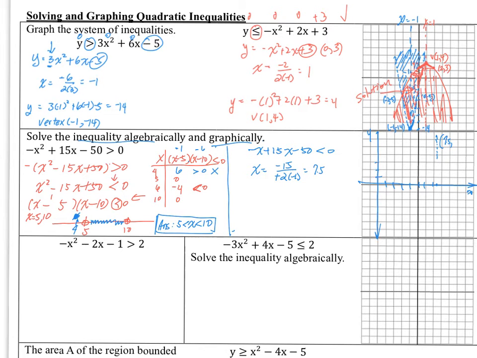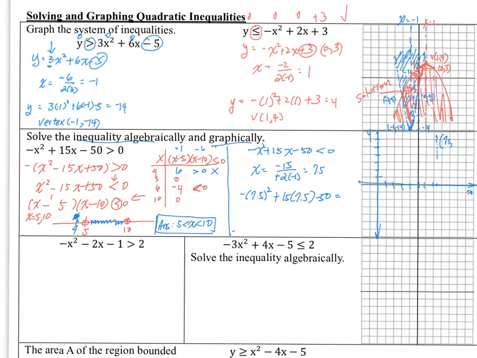And then when we find the vertex, let's see, 7.5, oh, forgot the square here. Negative 7.5 squared plus 15 times 7.5 minus 50.